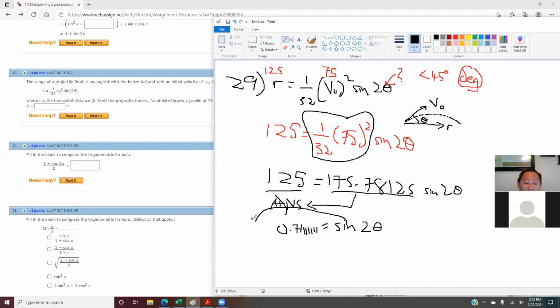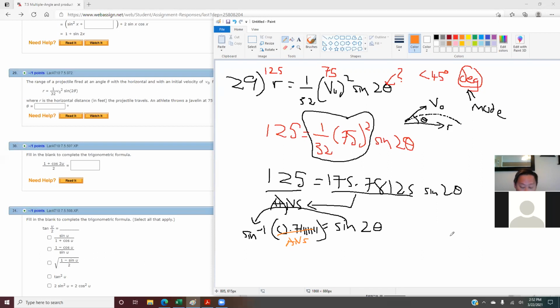And then now we need to get rid of the sine. So I move the sine over. Once I move the sine over, it becomes arc sine of it. So make sure your mode is in degree. Okay, this is an important thing. If your mode is in radian, you get everything wrong. So then you do arc sine of that. If you have ANS, you just say arc sine of ANS because that would be the 0.7111.